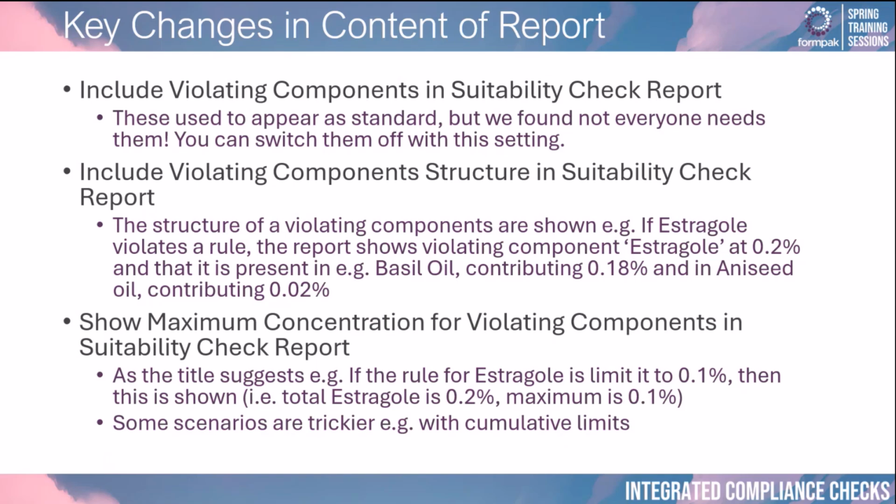So it might show that estragole is 0.2% and the maximum is 0.1. In that scenario, you could see all of those things, and it would then give you information to know how easy it was to modify, and give a bit of insight into what you might want to do to modify, for flavourists and perfumers. Now, some scenarios are trickier, and we do look at a few of those in a little while.